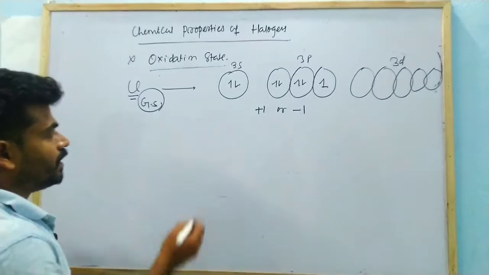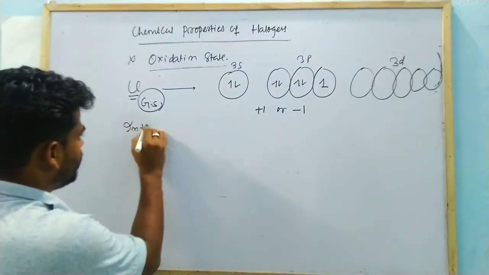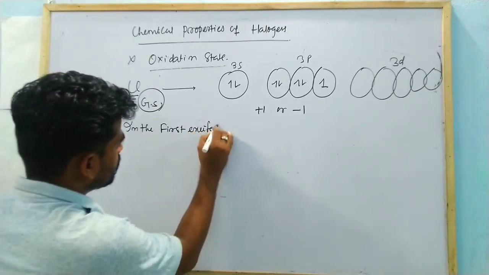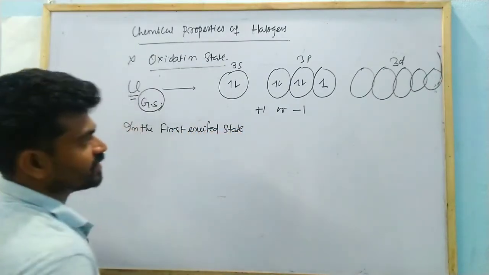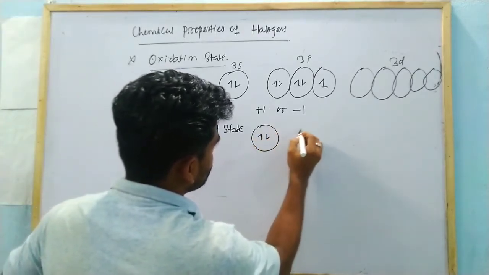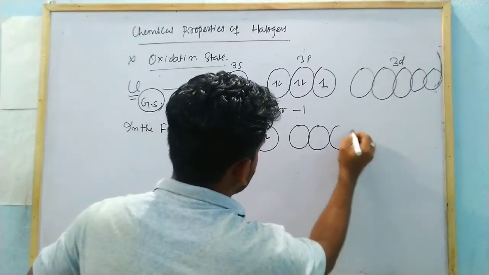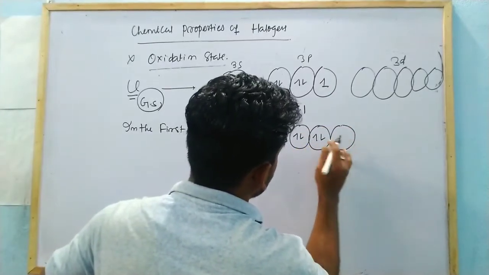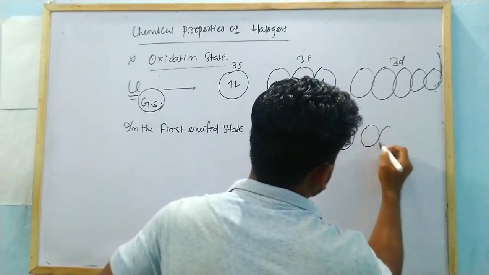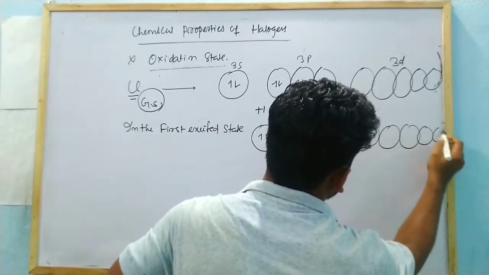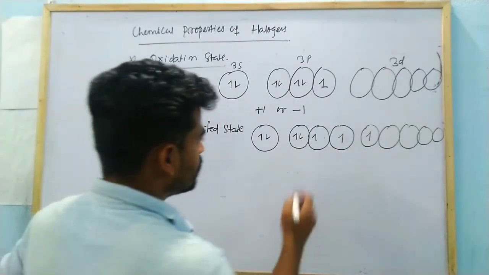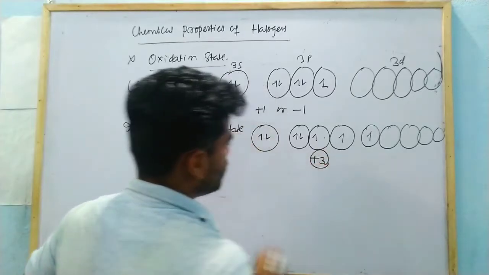Next, in the first excited state, the configuration can be 3s2 3p5, and one electron from 3p can be excited to 3d here. Here how many unpaired electrons are there? 3. So the oxidation state can be +3.